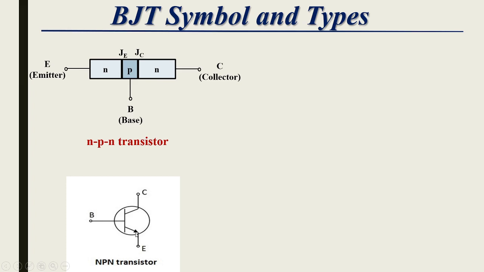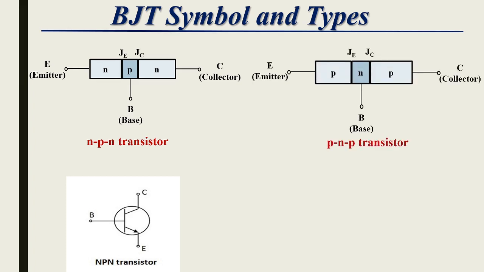This arrowhead indicates the flow of conventional current. Now here is the PNP transistor, where two P-type material and one N-type material are used to construct it. Here is the symbol for PNP transistor, and again it has three terminals, emitter, base, collector, and this arrowhead indicates the conventional current flow.